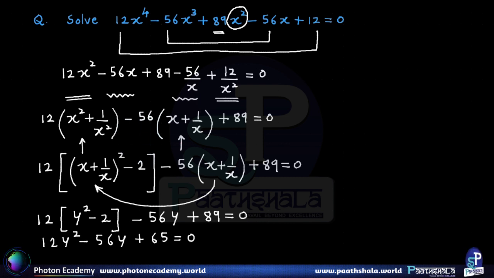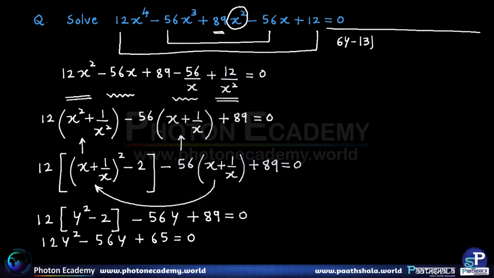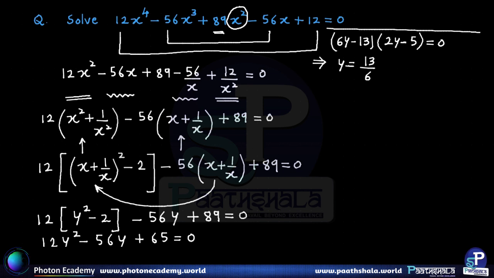On factorizing that further, we will get 6y minus 13 into 2y minus 5 equal to 0, which gives us y equal to either 13 upon 6 or 5 by 2. So now we have to consider both the cases.